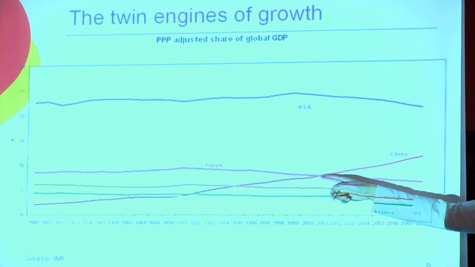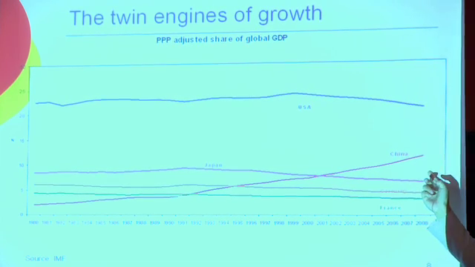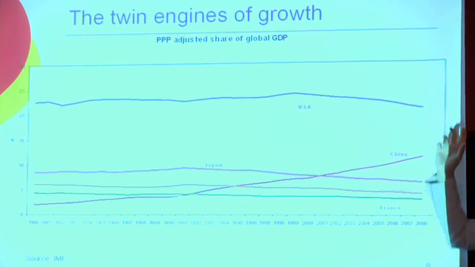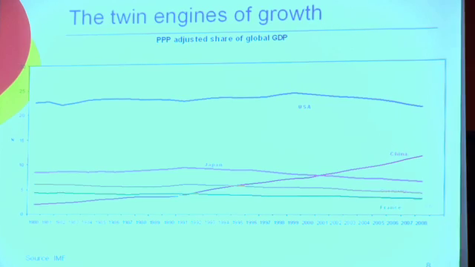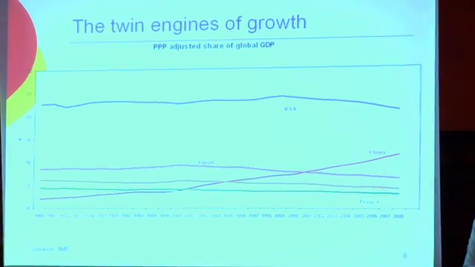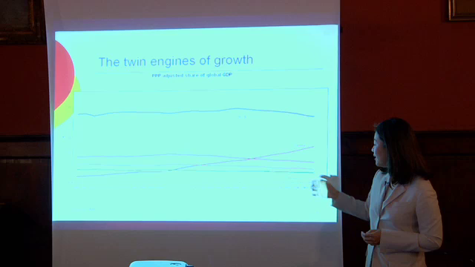But again, no surprise perhaps that China has quickly become the second most important economy in the world when you calculate GDP adjusted for purchasing power. And this is why China, alongside the US, have become known as the twin engines of growth for their importance.